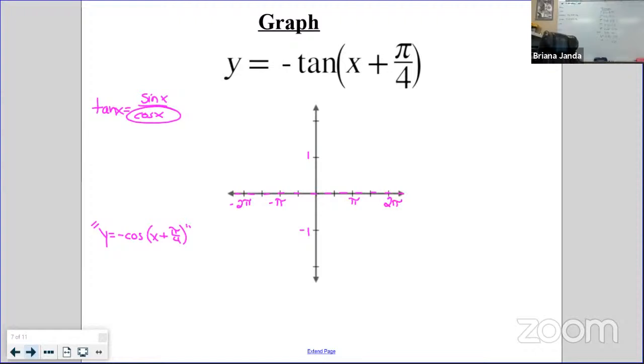Halfway between our tick marks, which means all my dots will fall halfway between our tick marks. So normally cosine would start up at 1, but because of the ROX, it's going to start down. Halfway to pi over 2 would be pi over 4, so it's going to start down 1, halfway between those tick marks. So now following my process, all of those dots are going to fall halfway between my tick marks. So my next one would go here at positive pi over 4 on my midline.